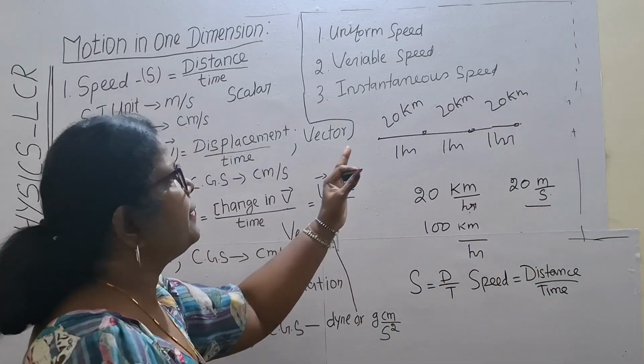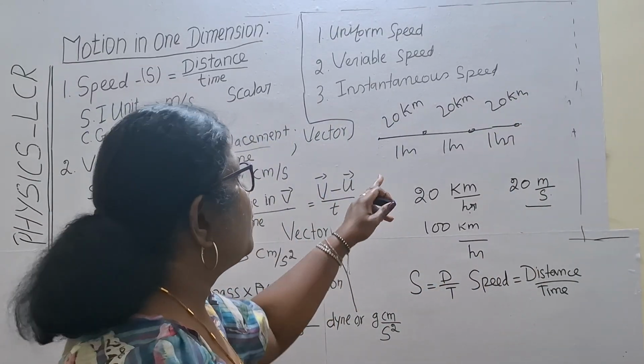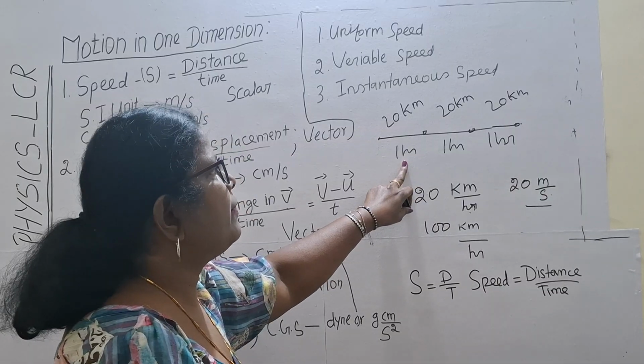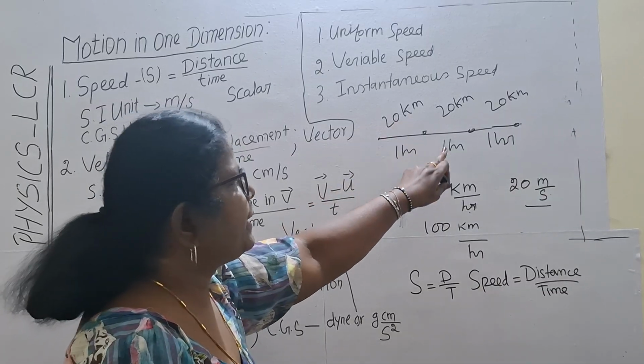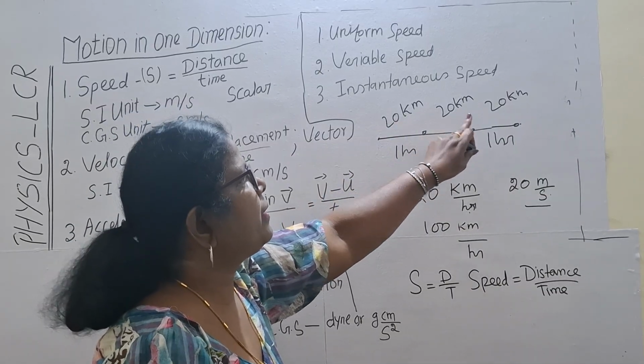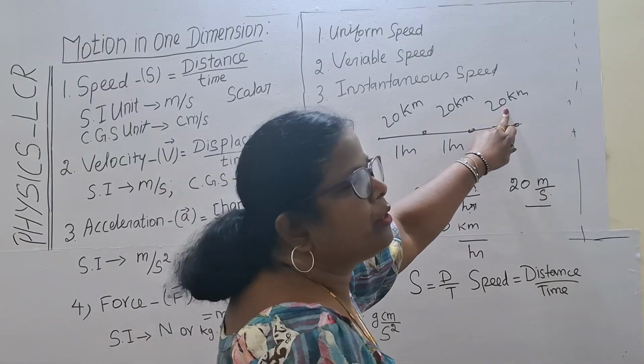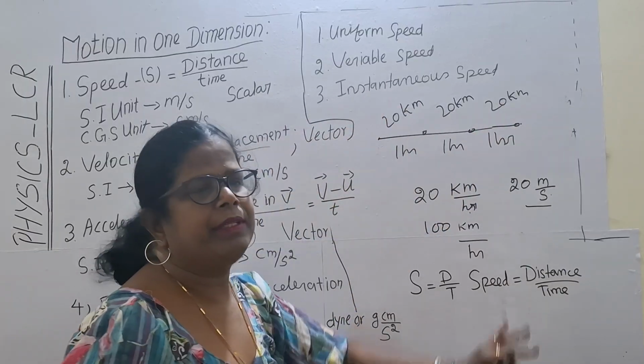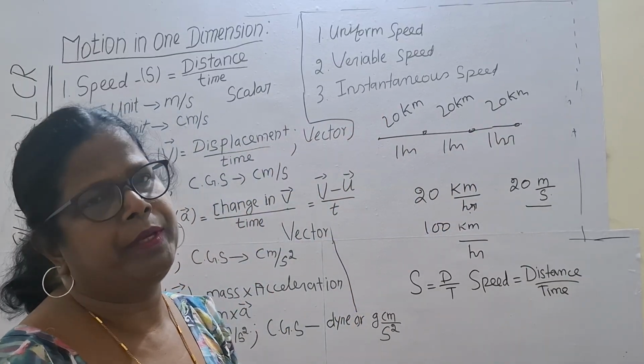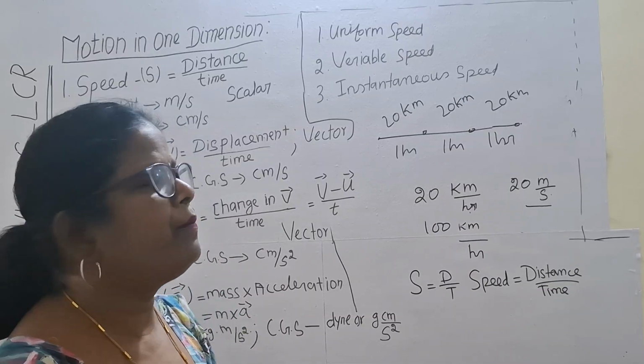First one hour 20 kilometer, next 1 hour 20 kilometer, next 1 hour 20 kilometer. We can say this body has uniform speed.